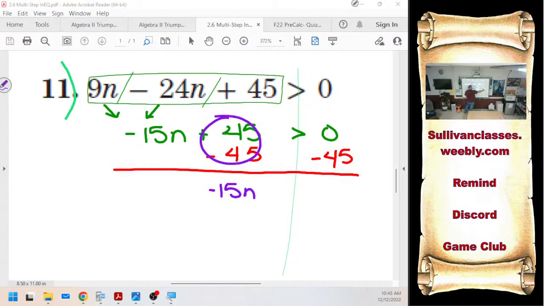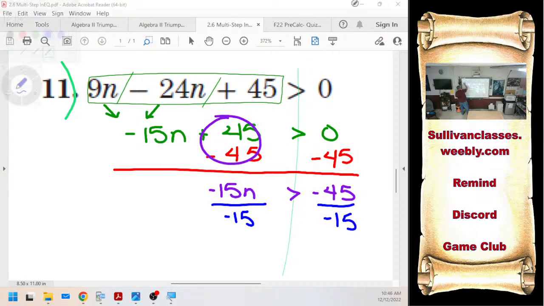You have 0, you take away 45. Negative 45. And then that 15 is all hugged up on n.